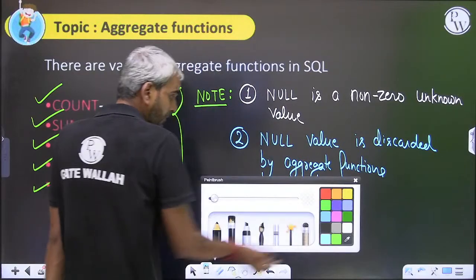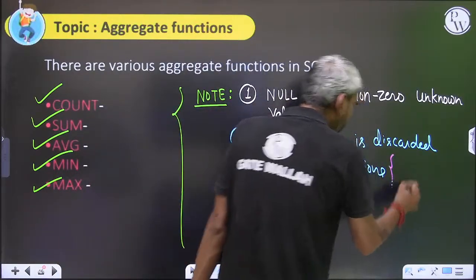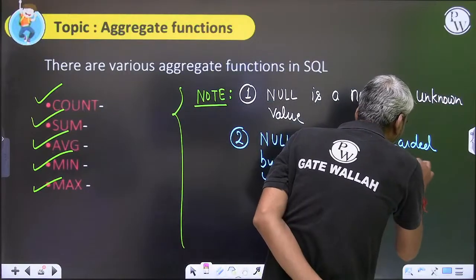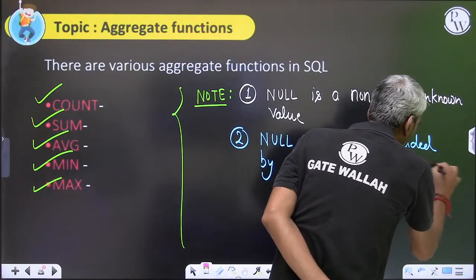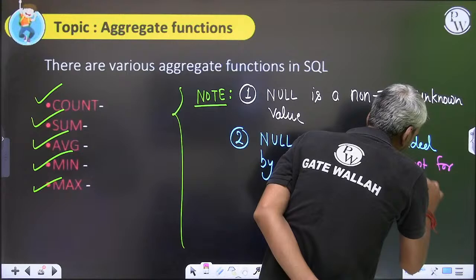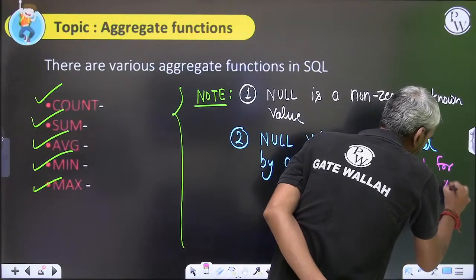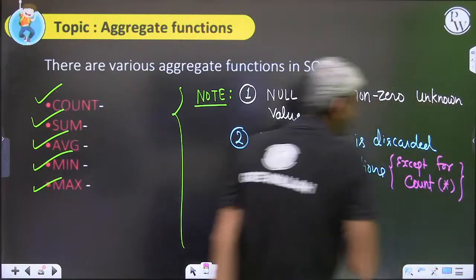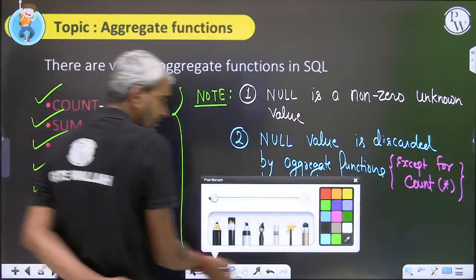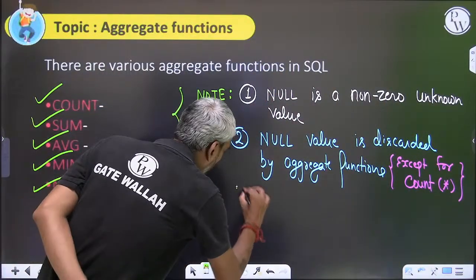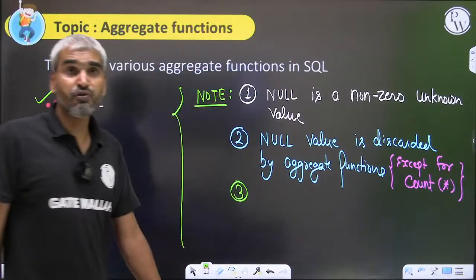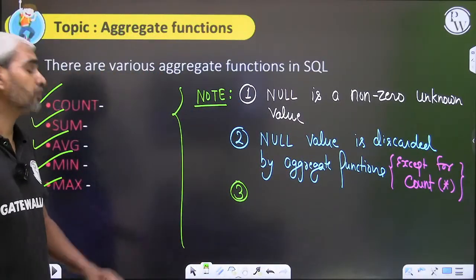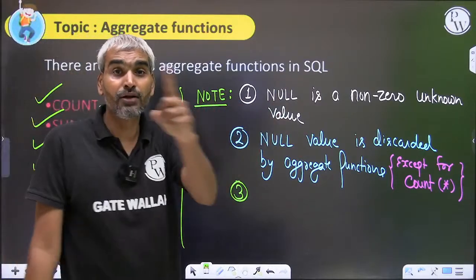But there's an exception. Null values are discarded by aggregate functions except for count asterisk. The third important thing related to null is that if you perform any arithmetic operation with null, it will return null.